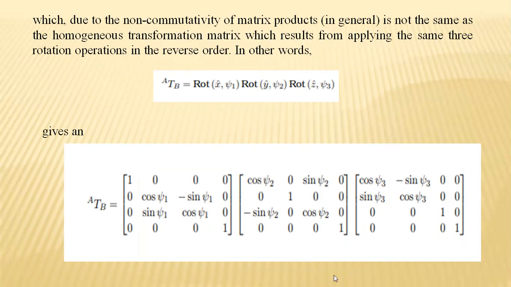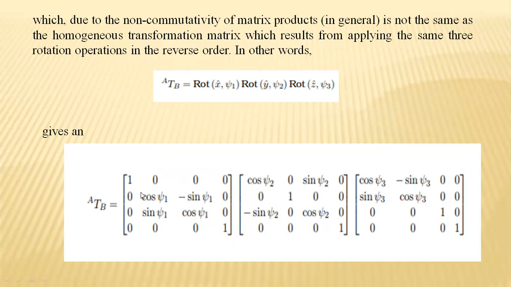Towards the z alignment the formulation is cos theta, minus sin theta, 0; sin theta, cos theta, 0. Towards the y, the formulation is cos theta 0 sin theta 0, 0 1 0 0, minus sin theta 0 cos theta 0, 0 0 0 1.